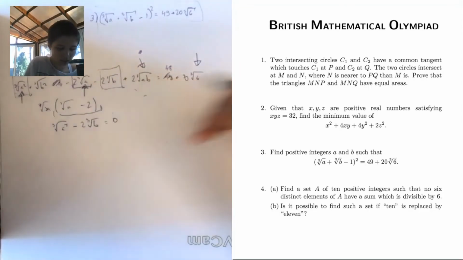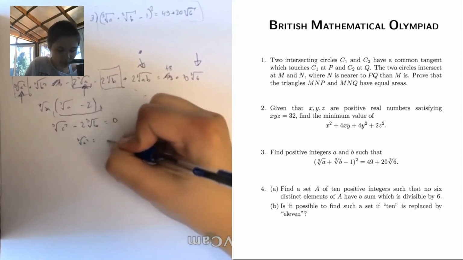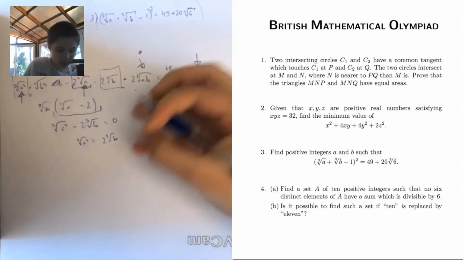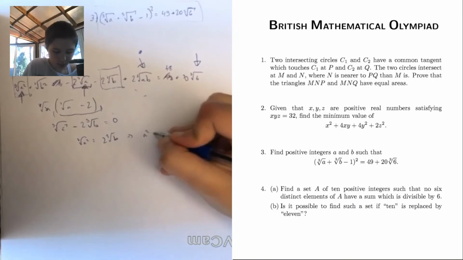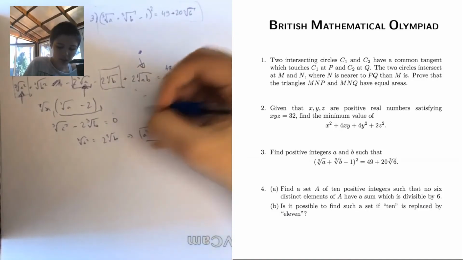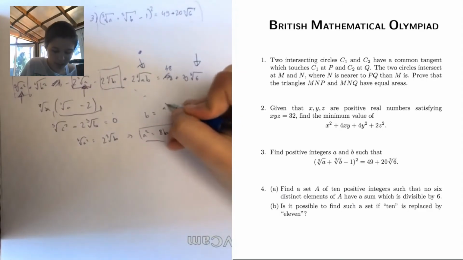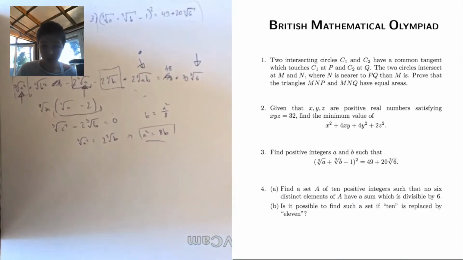Let's look at how we can do this. Cube root A squared is equal to 2 cube root B, so A squared is equal to 8B. Okay, so let's look at the situation in which B is equal to A squared over 8.